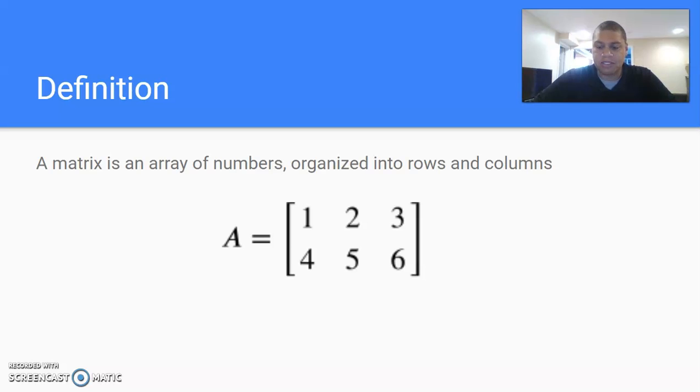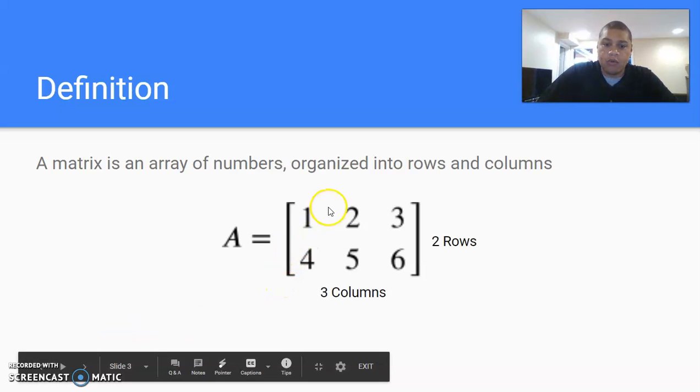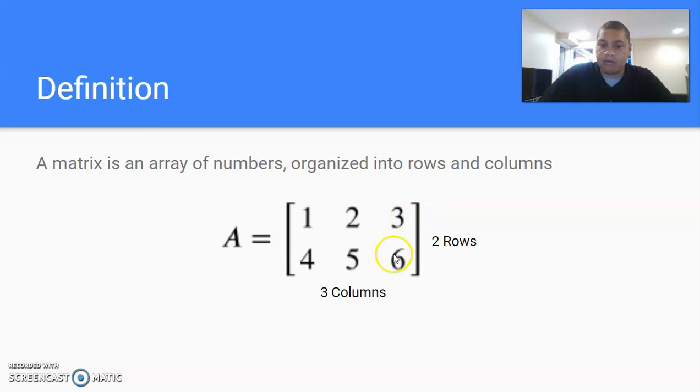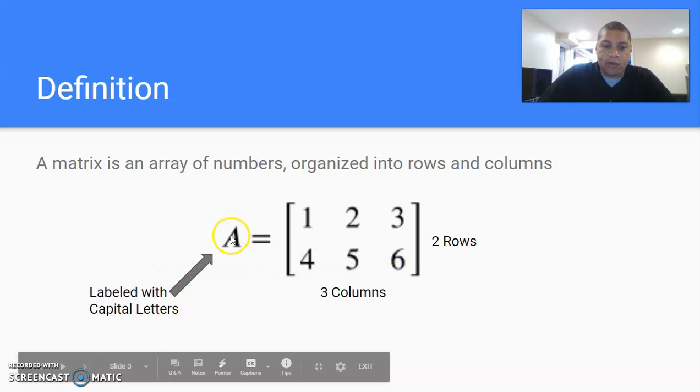Matrices come in all shapes and sizes. Well, okay, they come in a lot of shapes and sizes. But if we're looking at this one, we're noticing it has 2 rows and 3 columns. 1, 2, 3 is the first row, 4, 5, 6 the second row; 1, 4 column, 2, 5 column, 3, 6 column. So two rows, 3 columns, and we always label a matrix with a capital letter.